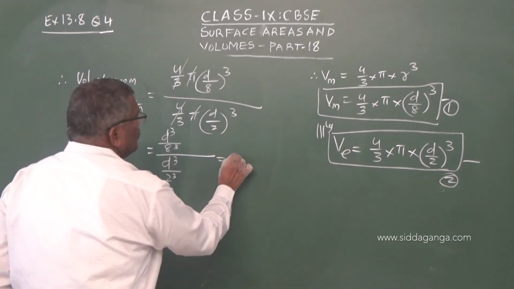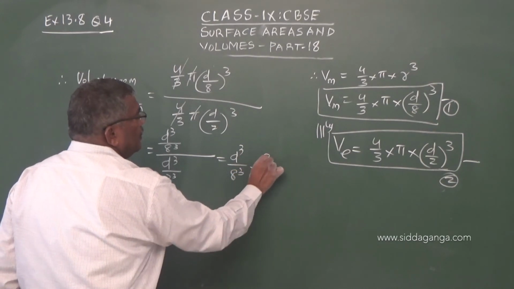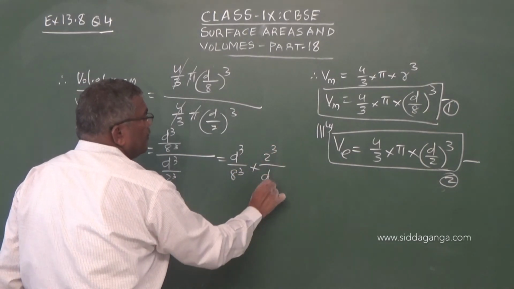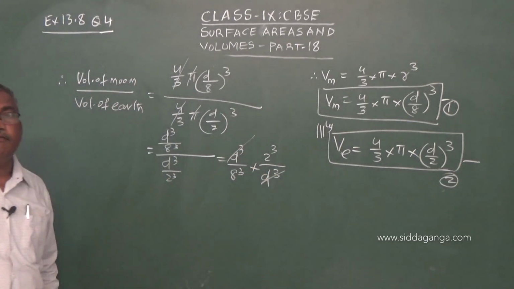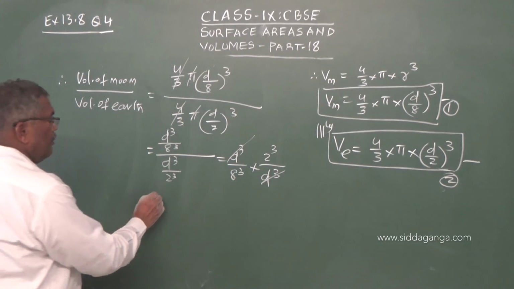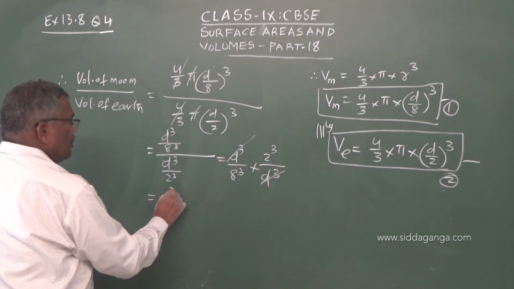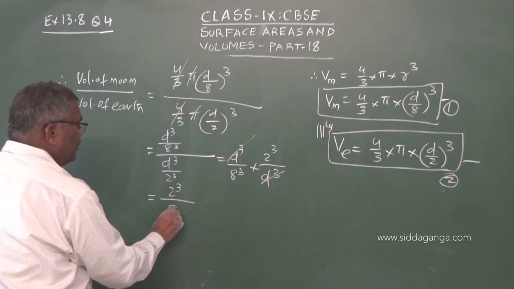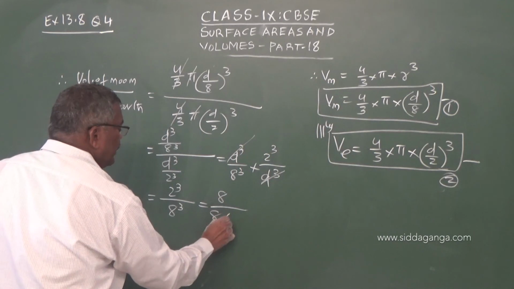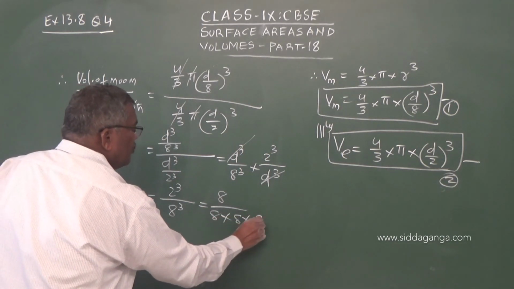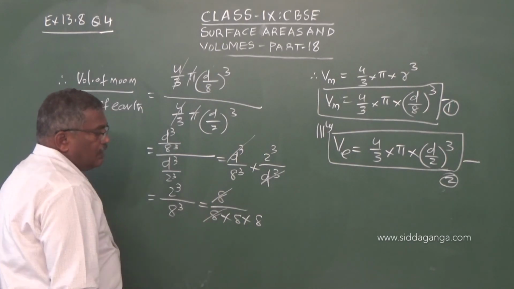So this equals D cube by 8 cube into 2 cube by D cube. D cube gets cancelled. So we are left with 2 cube by 8 cube. 2 cube is 8, and 8 cube is 8 into 8 into 8. So this gets cancelled.